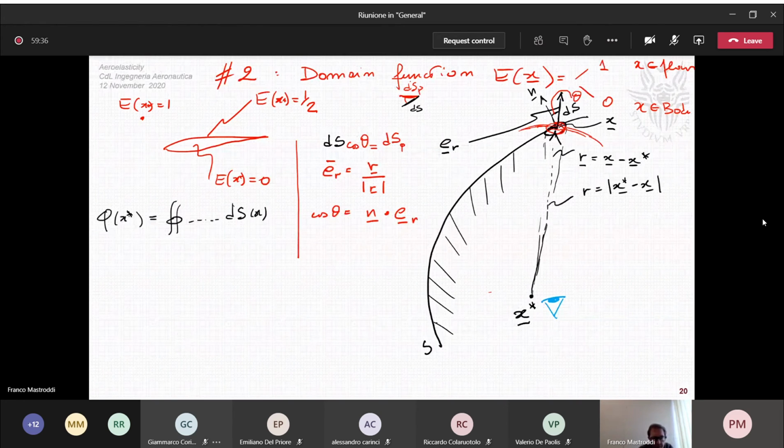And next, we have to define what is a solid angle.